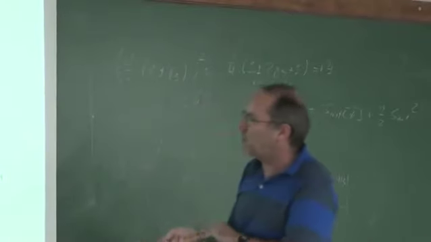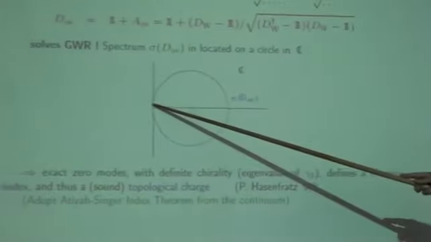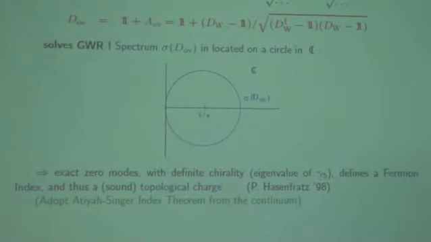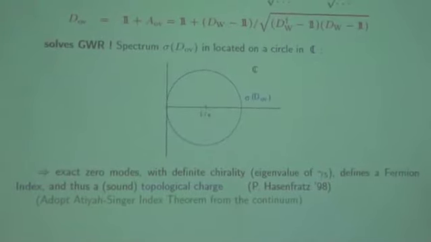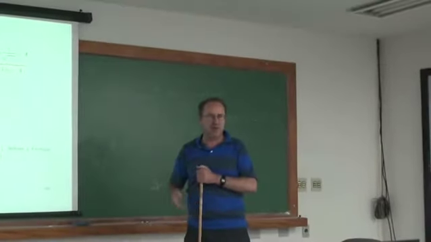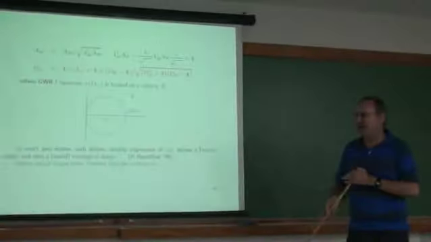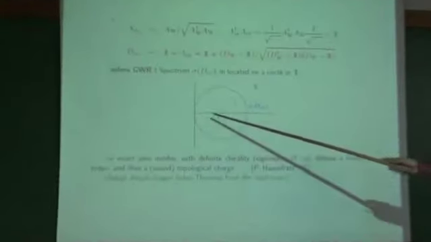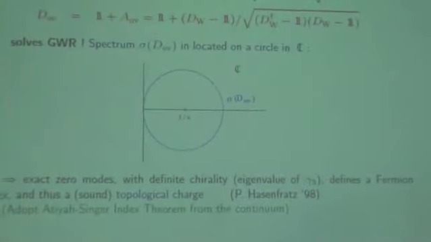But what is really important is that the zero modes here do not move away from zero. For any gauge configuration that you plug in, the zero modes are there to stay. They will not move away, and that means exactly there is no mass renormalization going on. So the chiral fermion remains chiral under any gauge interaction.